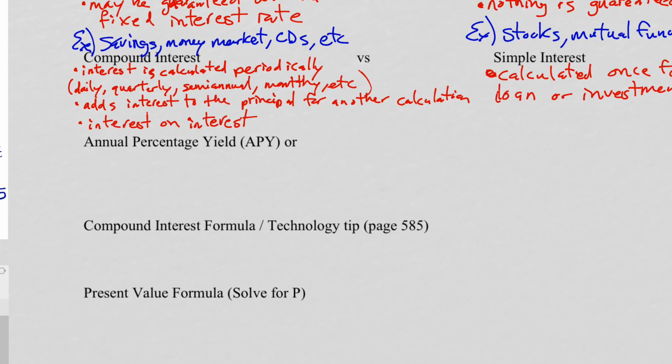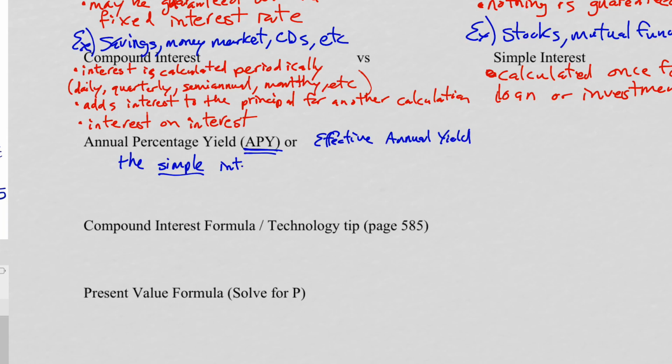You're not going to really have this, but just to be informed, the APY, or the annual percentage yield, is also called effective annual yield. And you'll see this in advertisements and whatnot.